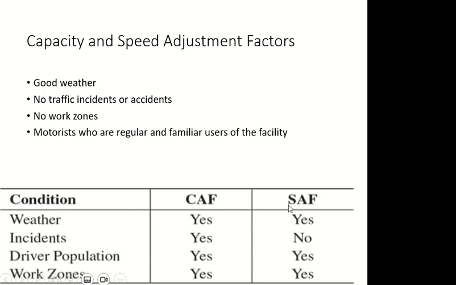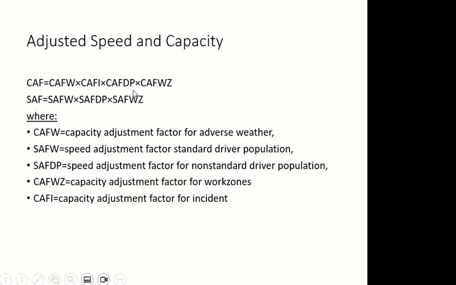Okay, I need to combine them, combine the two for capacity and combine the two for speed. Okay, how do you combine them? You multiply. So in a particular case, if all four conditions require adjustment, then you will have four factors multiplied together, and in the end it becomes one factor. Okay, same thing for speed.